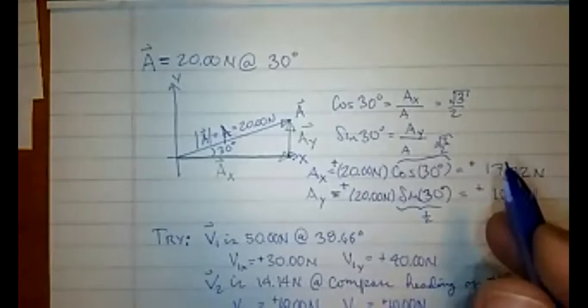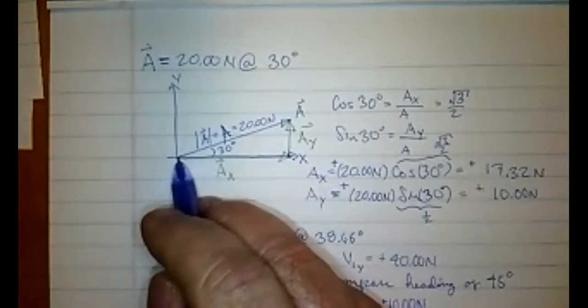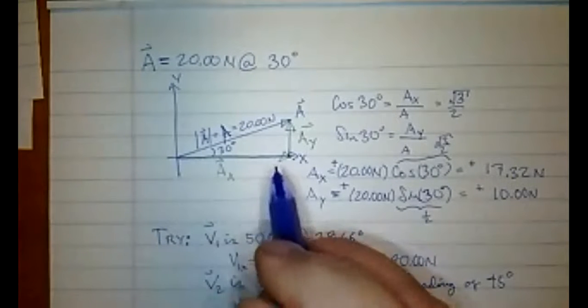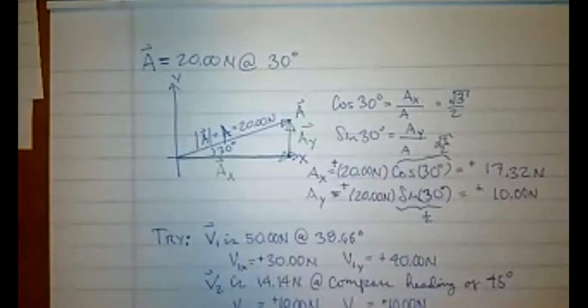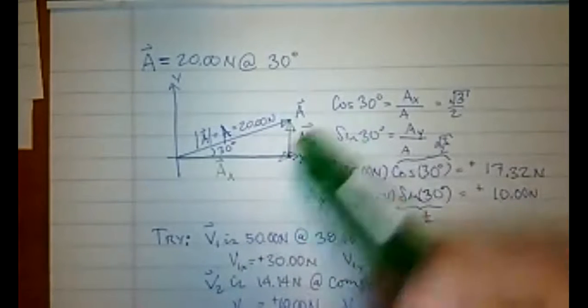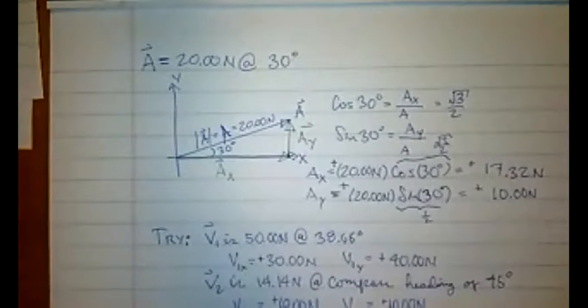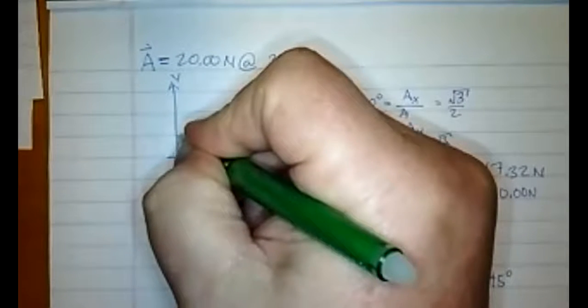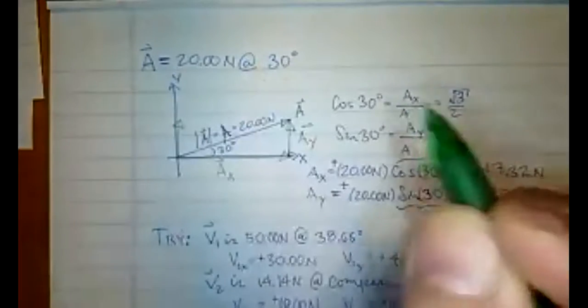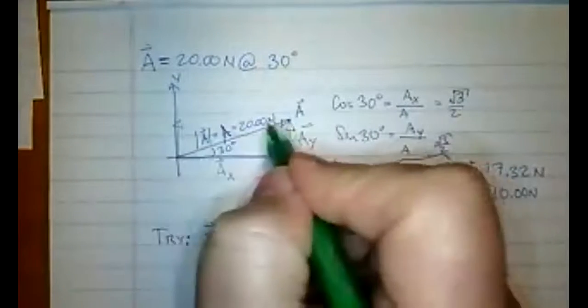The main thing is always try to walk from the tail of the vector to the head of the vector going along coordinate axes. That way you won't make a mistake. Even if you had chosen to go first along the Y axis and then along the X axis, you still would have had to go, okay, well, I need to get higher, so I'm going to walk up this way. That must be my Y component. That is clearly in the positive Y direction.